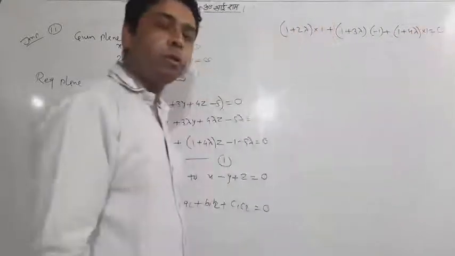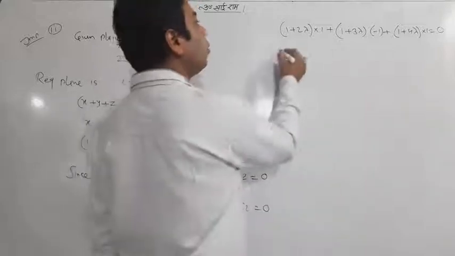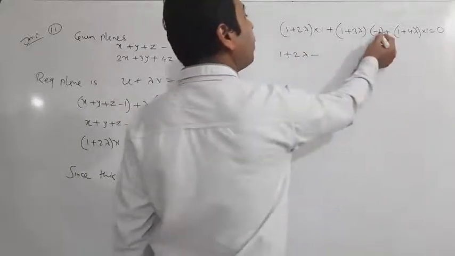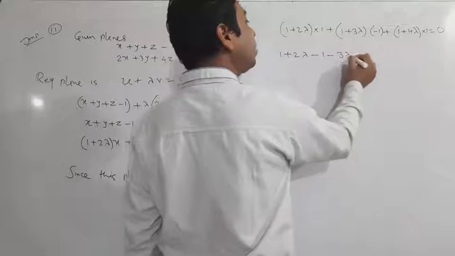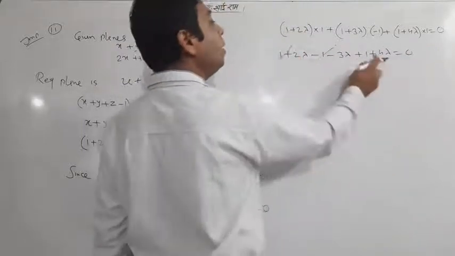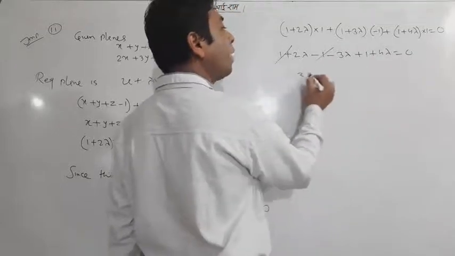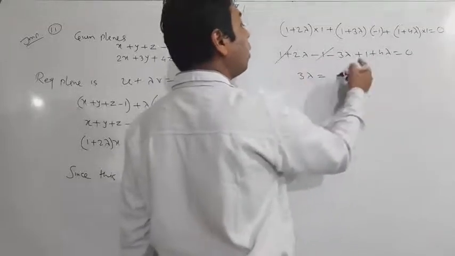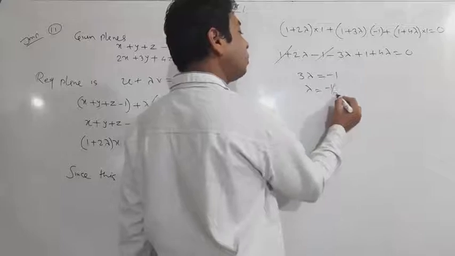Now, 1 plus 2 lambda minus 1 minus 3 lambda plus 1 plus 4 lambda is equal to 0. 1 and 1 cancel. This gives 1 plus 3 lambda equal to 0, so lambda we got as minus 1 by 3.